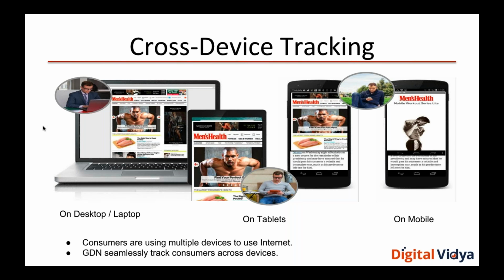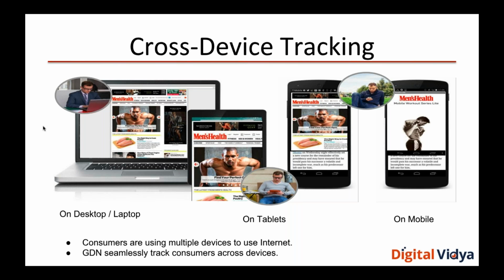Second thing is, if you look at user behavior, it is not necessary that a person may come across an ad on mobile, visit the website through mobile, and then get converted through mobile. Sometimes you might see some ad on a mobile device, you might even click on it and go to a website, but you might decide to log on to that website through your laptop and then maybe fill up a form or purchase something, right? That happens very often.